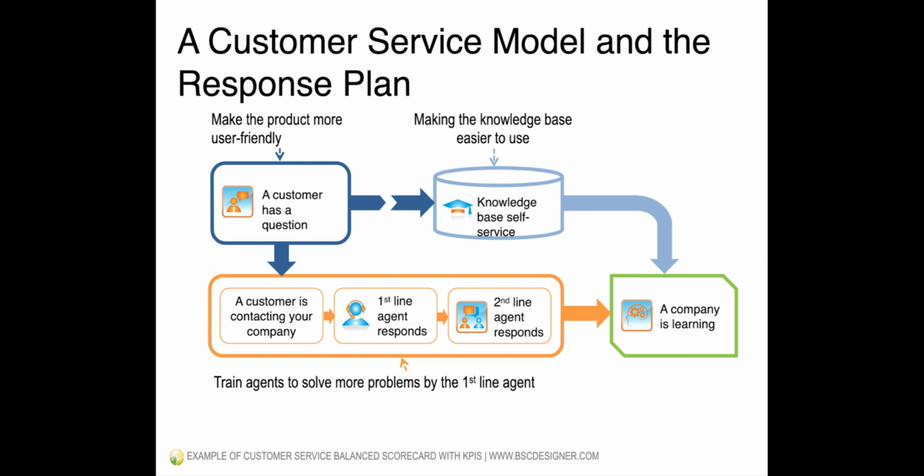Okay, what happens then when this information is supposed to get into the company, supposed to teach us something? Is it always that simple, that companies learn from their mistakes? No, it's not true. Why? Because there are a lot of informational silos in companies.